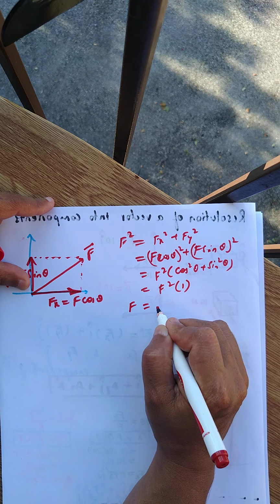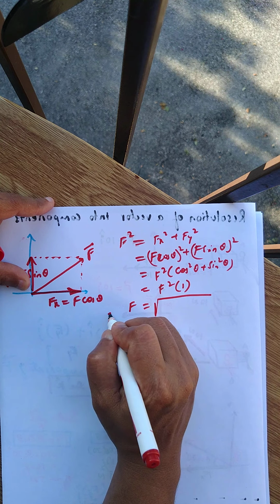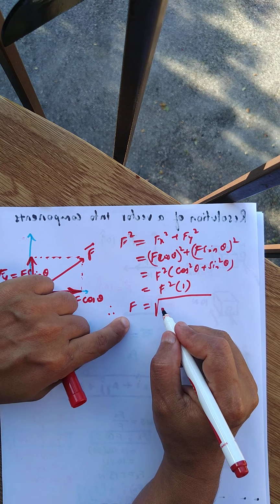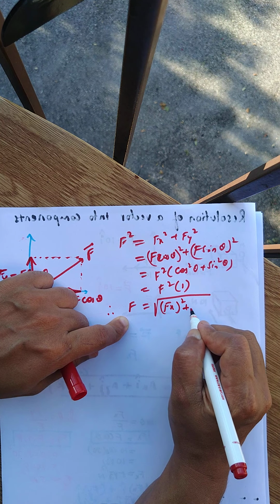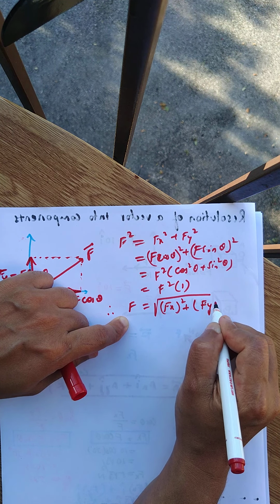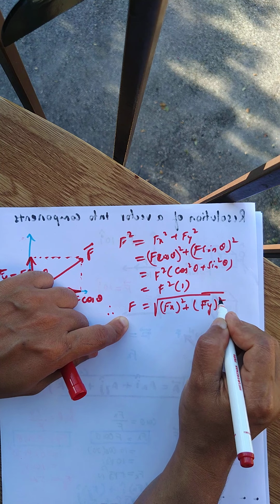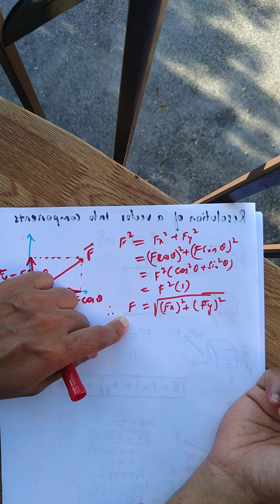Therefore we can write the magnitude of the force equal to the x component square plus the y component whole square, under square root.